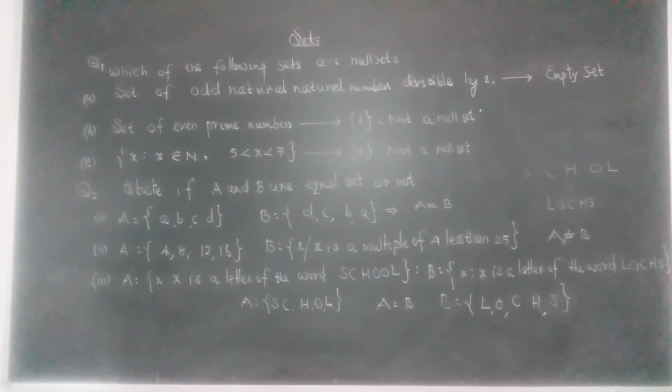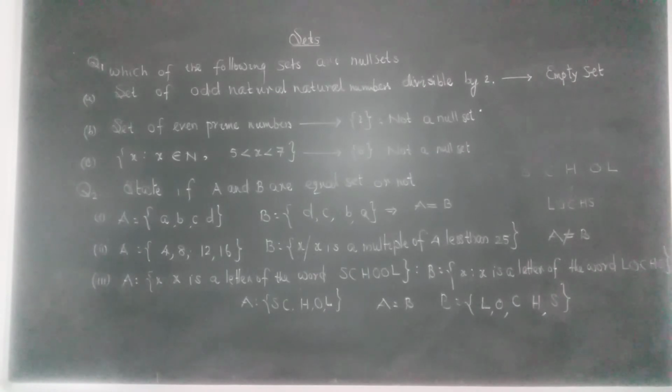So when you convert this B into roster form using the elements, you will get B is equal to 4, then 8, then 12, then 16, and one more element is coming up, that is 20. So B will have 4, 8, 12, 16, 20.